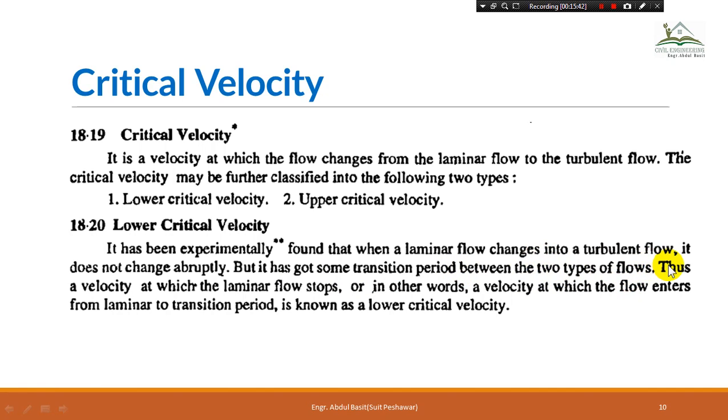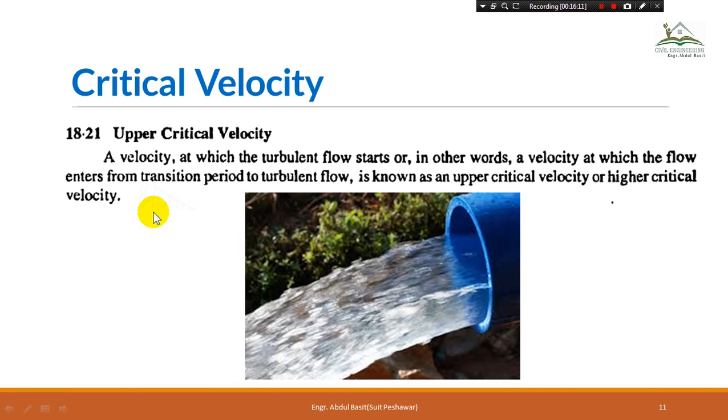Thus the velocity at which the laminar flow stops, or in other words the velocity at which the flow enters from laminar to the transition period, is called the lower critical velocity. So from laminar to transition zone, the velocity at that point is called lower critical velocity. And when I explain the upper critical velocity, both terms will be more clear to you.